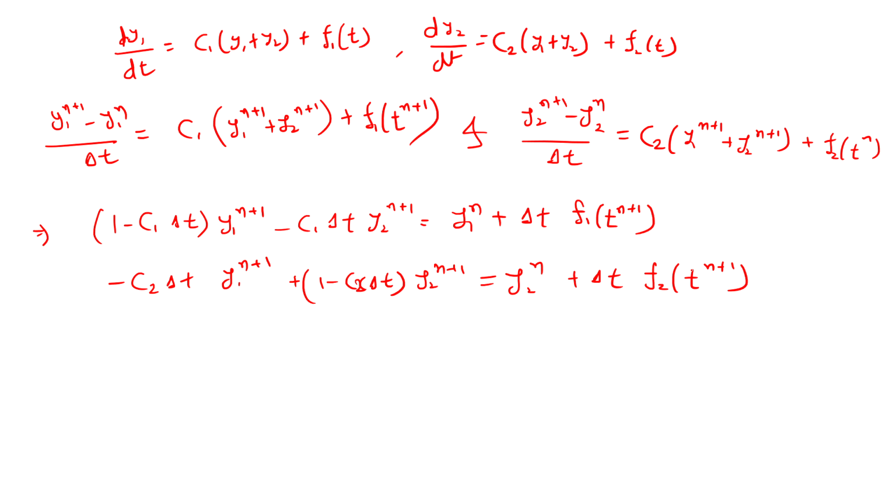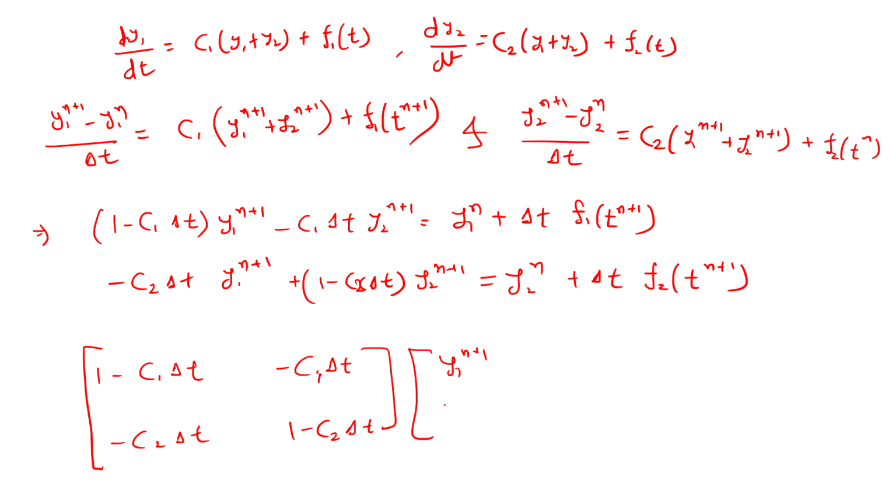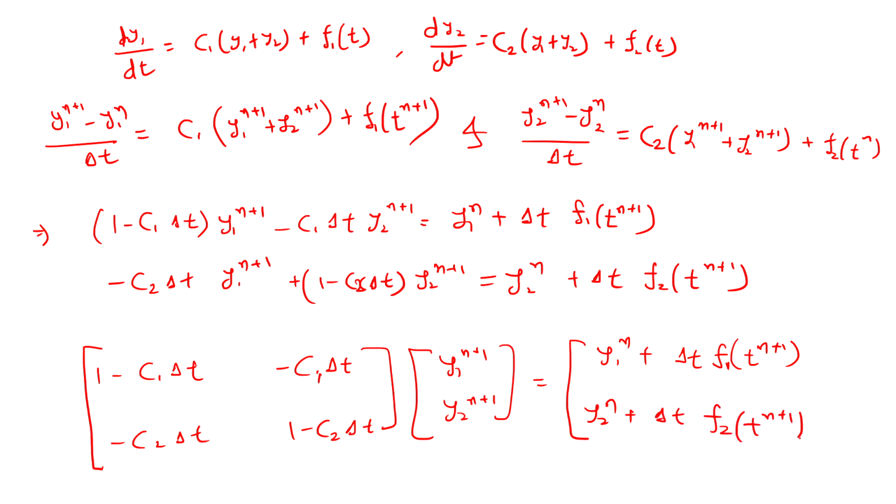So that eventually leads to a matrix. This is the matrix that will come out of these two equations: [1 - c1 Δt, -c1 Δt; -c2 Δt, 1 - c2 Δt] times [y1^(n+1); y2^(n+1)] is equal to [y1^n + Δt f1(t_(n+1)); y2^n + Δt f2(t_(n+1))].